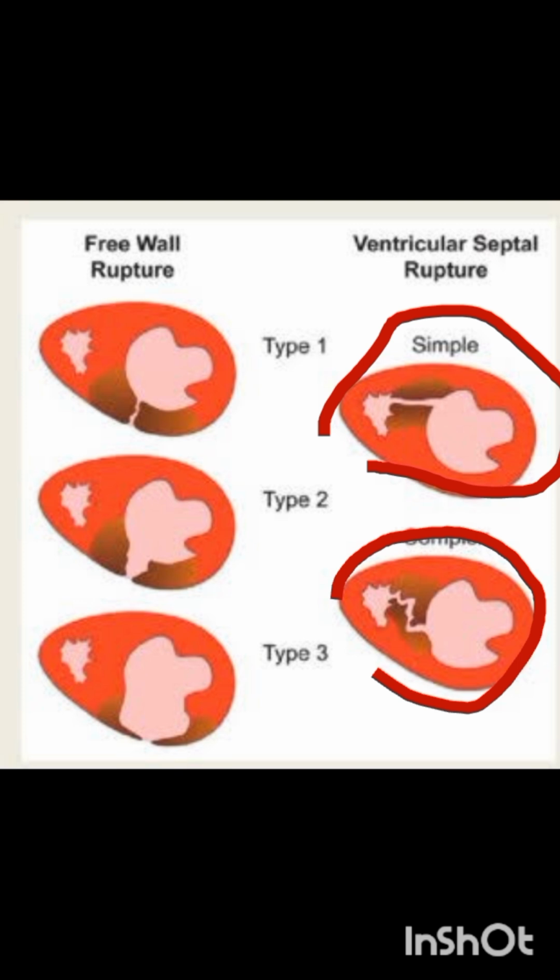Look at the track, the zigzagging track and the snake-like, tortuous shape of the ventricular septal rupture. The others are the free wall ruptures 1, 2, and 3. So you should also know why the simple ones we can do by intervention, and the serpiginous or complex ones we do by surgery.